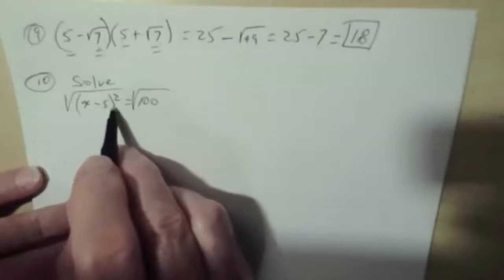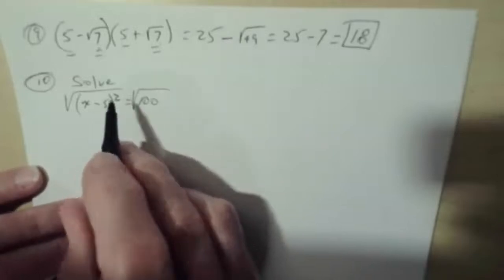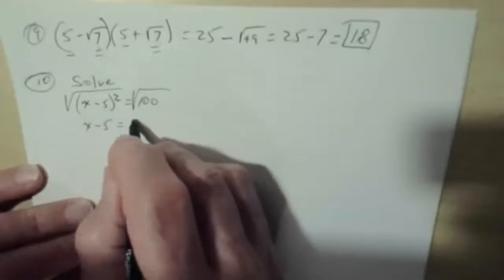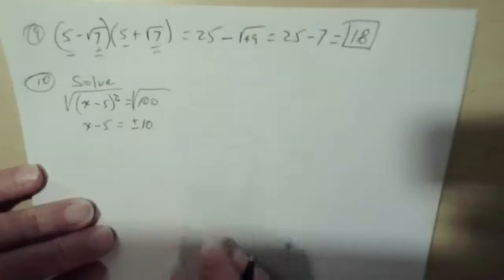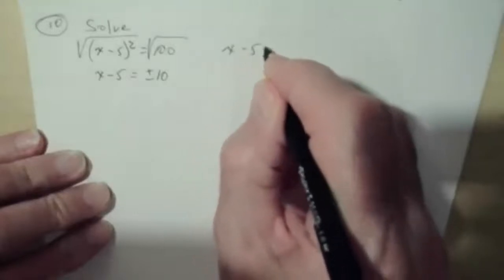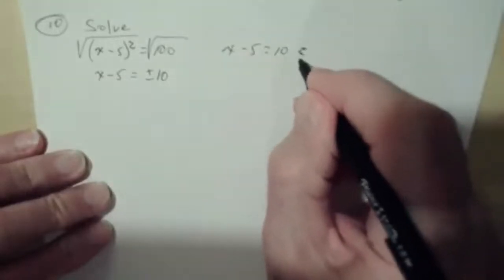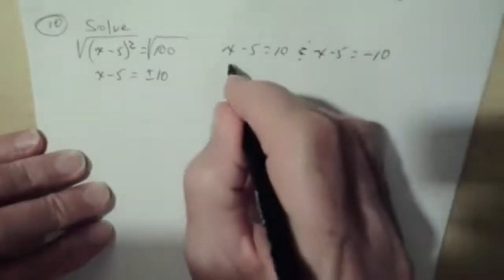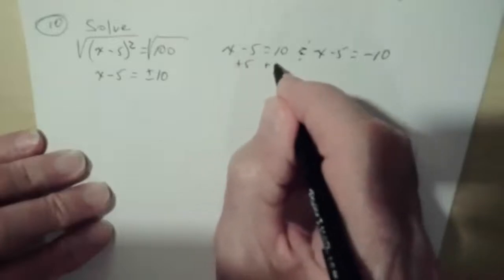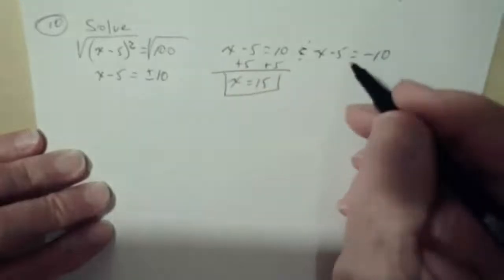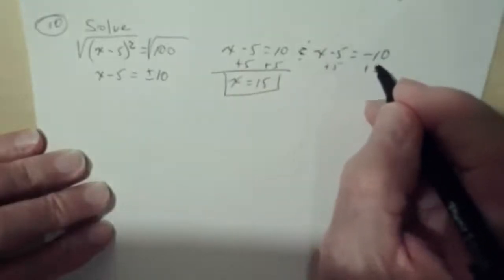So we have x minus 5 equals plus or minus 10. Now you're going to have two answers here. x minus 5 equals 10 and x minus 5 equals negative 10. We'll add 5 to each side, so x is 15. Again, add 5 to each side. x is negative 5.